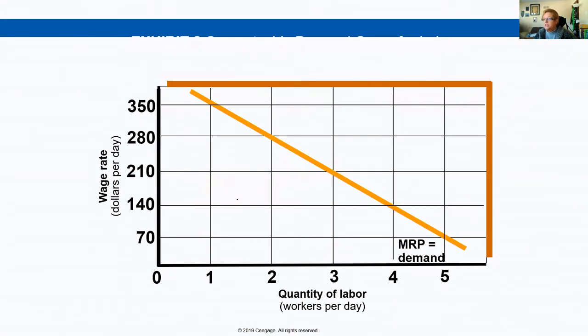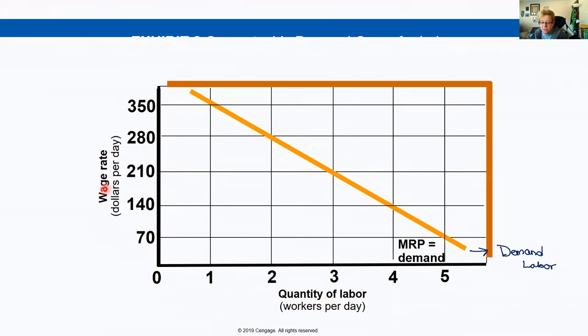So here is the marginal revenue product, also illustrated as the demand for labor. And again, you can see the quantity of labor over on the x-axis. Let me do this. Quantity of labor here, wage rate here.